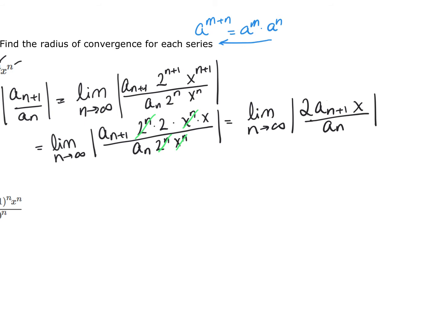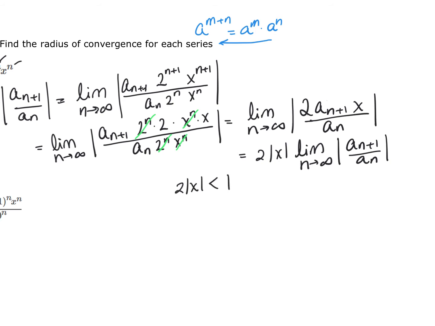Now, the 2 and the x are not dependent on n. So this is going to be 2, the absolute value of x, times the limit as n goes to infinity of a sub n plus 1 over a sub n. Now, we know that the ratio test will converge if this limit is less than 1. So in other words, 2 times the absolute value of x must be less than 1.